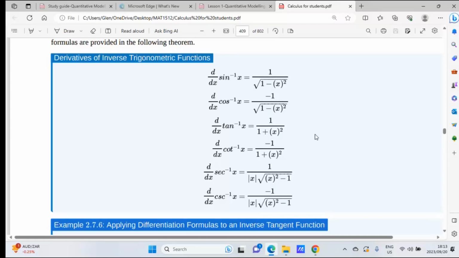That's my advice, people. Go with an open mind and take it as it comes. Lerato, if you are telling me that when I see the derivative of inverse sine x, I must place that thing, then I'm fine.